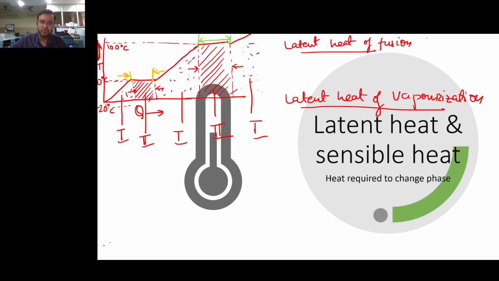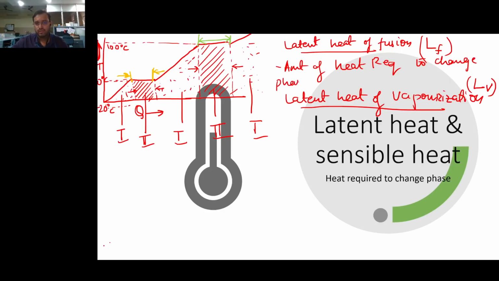And the latent heat of fusion is denoted by the letter L with a suffix F. Latent heat of vaporization is given by the letter L with a suffix V. All right. So latent heat of fusion, again, let me say, is the amount of heat required to change phase from solid to liquid.